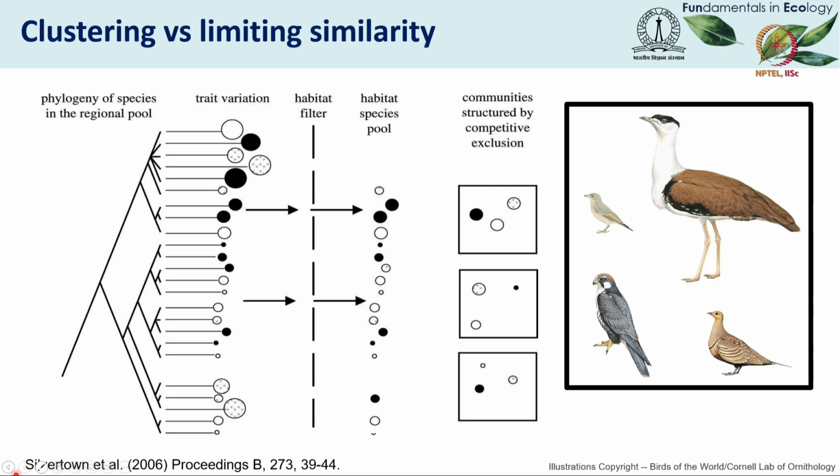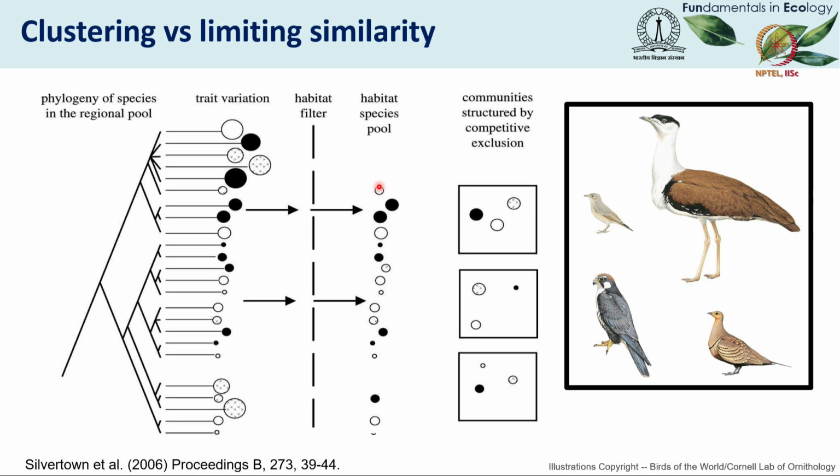So here you have a lot of variation in the trait, represented in terms of temperature tolerances, but when the habitat imposes a filter, it selects for species that have similar temperature tolerances, species that have high tolerances for higher temperatures.